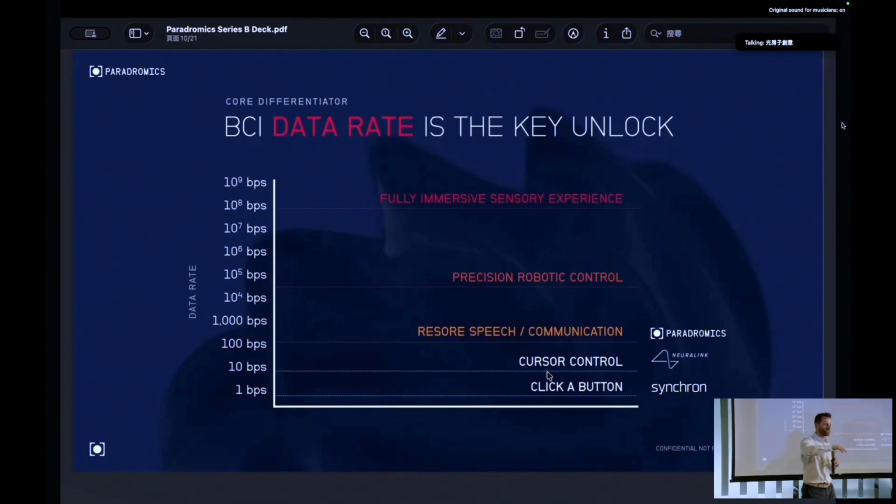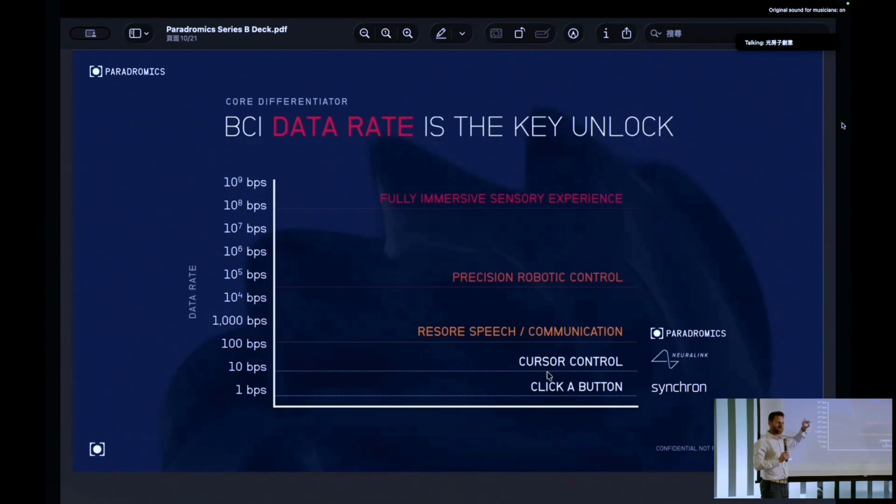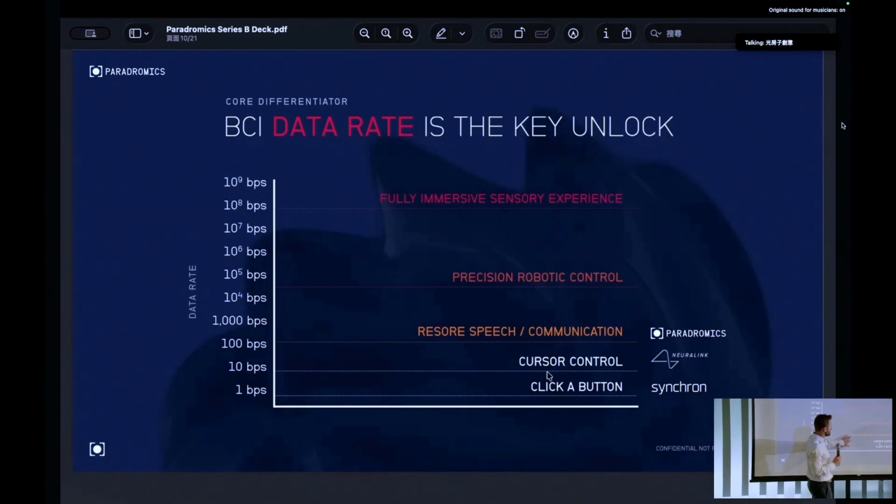That's why, because what they're basically implying from these things is push up, push down, pull a trigger, right, left. Those are the motions. As you move up in data rates, which again is a function of our electrode count and density as well as where we're going in the neural networks, we can start to do a lot more. So restoring speech, precision robotic control, and the sky's the limit really on the types of applications we can do.